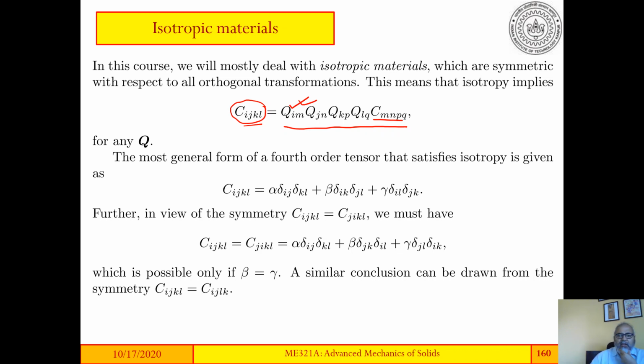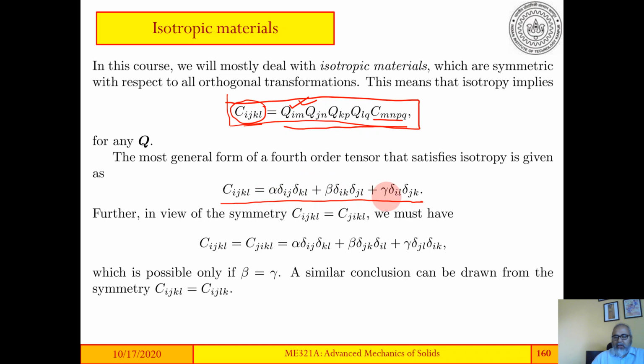So the most general form of a fourth order tensor, which is completely isotropic and has this property that any rotation tensor would always give you back the same components, same values of the components, is given here. So the most general form is given in terms of the Kronecker deltas.